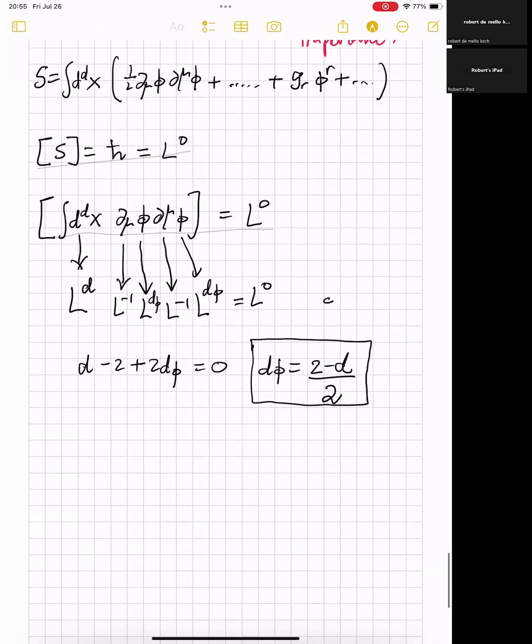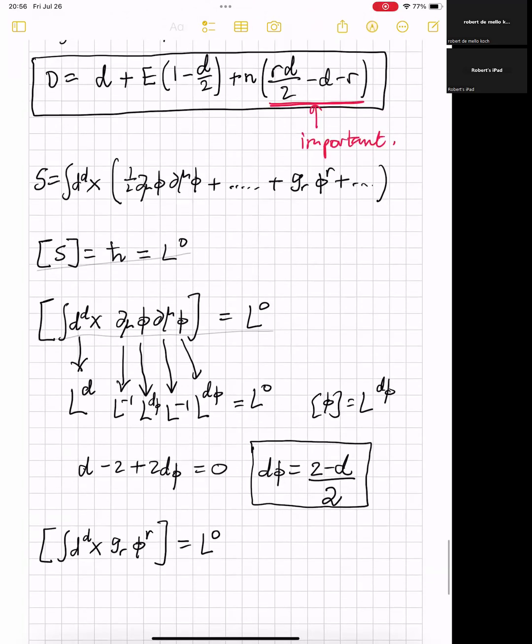And let's just be completely explicit. d_phi. Okay, very good. Now let's look at this term. We've got integral d^d x g_r phi to the r. And this also must be L to the naught because this too is a term inside the action. Okay.